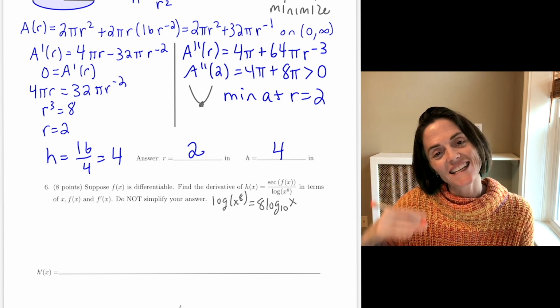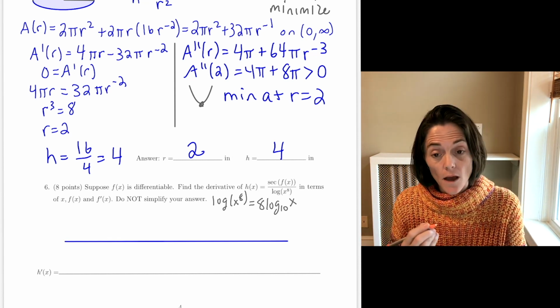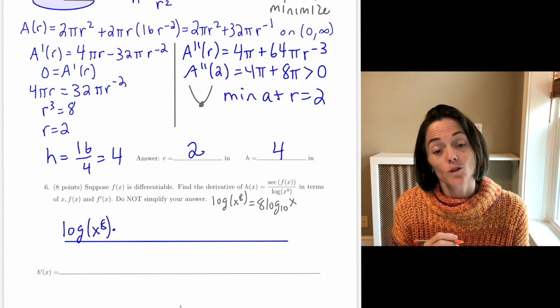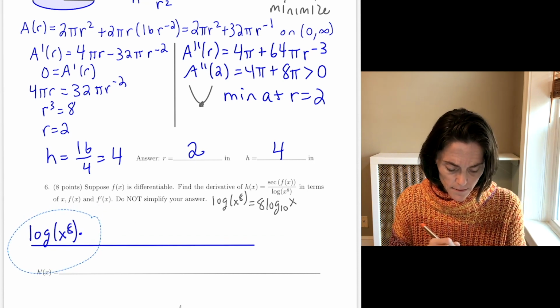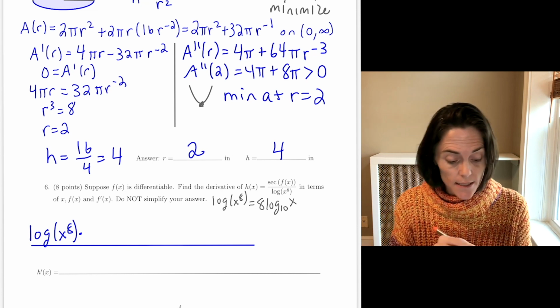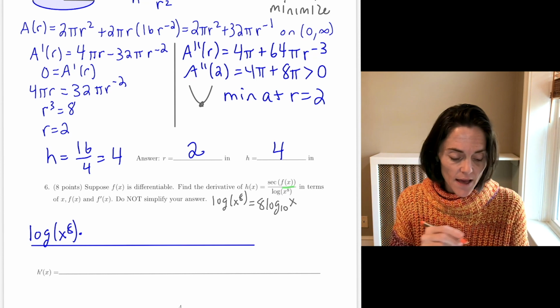We have one function divided by another. This will be quotient rule. So we have denominator, maybe I'll write it this way, log x to the 8 times derivative of the numerator. Here's where I'm going to have a lot to write. This is chain rule. My outside function is the secant. My inside function is f of x.